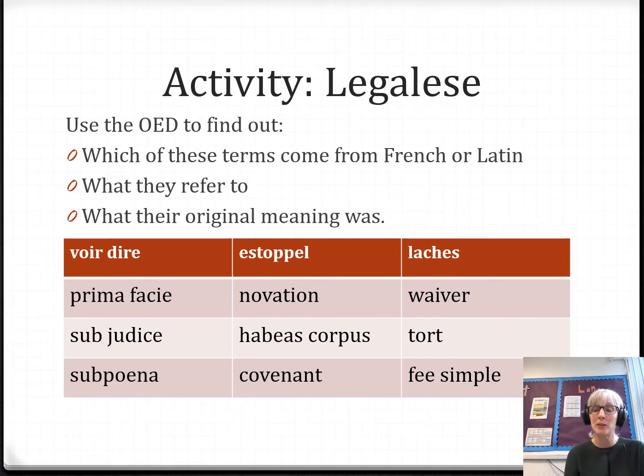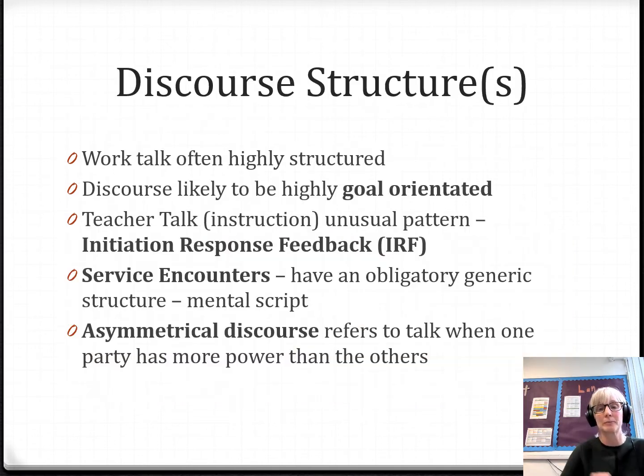That gives people in the legal profession a certain amount of power over their clients or people in courtrooms, because we can't understand what they're talking about, but these are really important aspects of legal court cases and can actually have real impact in the world. So that's talking about lexis and semantics.